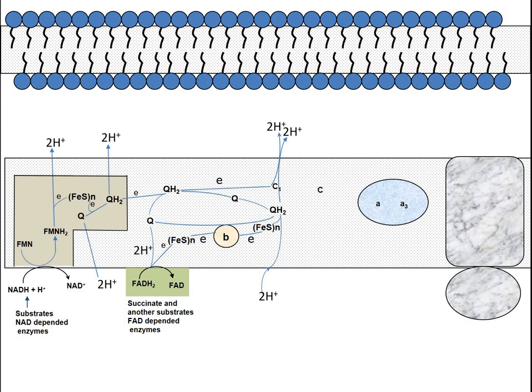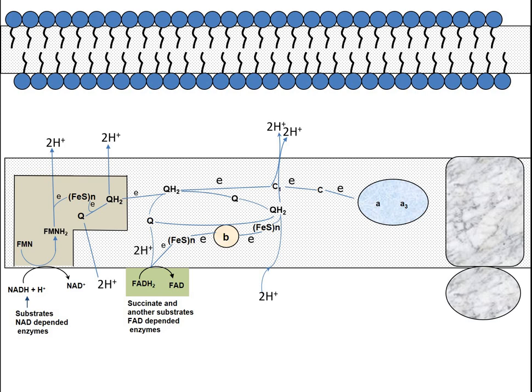Electrons will enter into cytochrome C, and after that they enter into the fourth respiratory complex. It has the highest oxidation and reduction potential value.